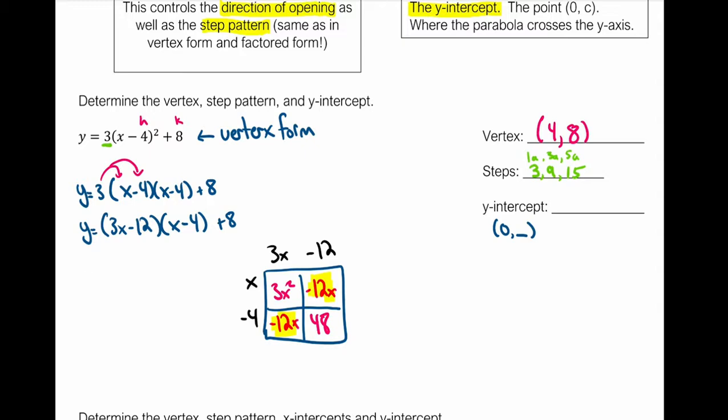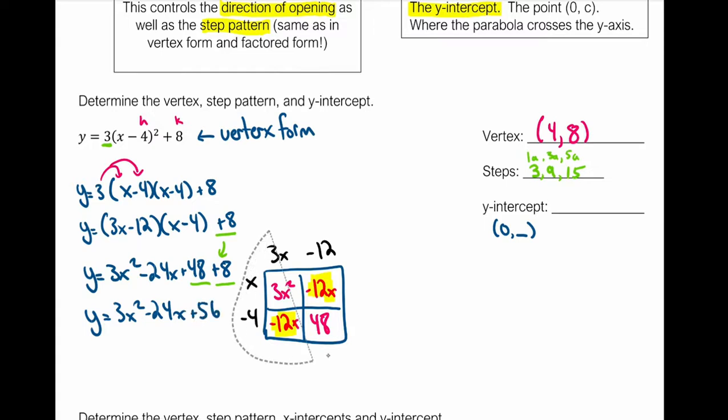So if I simplify this, I get y equals 3x squared minus 24x plus 48, and then this 8 carries down, so plus 8. I can see that I have two like terms, those constants, so y equals 3x squared minus 24x plus 56. Let me just move this over.